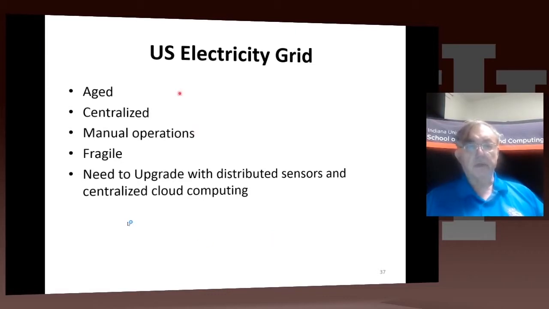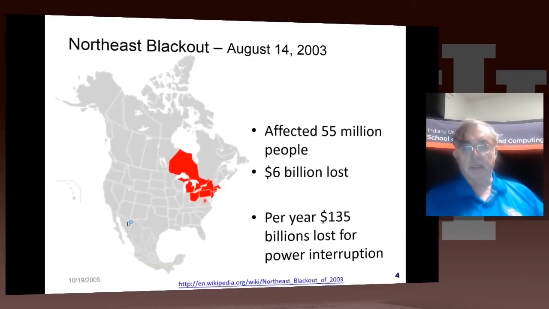So it notes that the US electricity grid is aged, centralized, very fragile, and it needs to be upgraded with distributed sensors and centralized cloud computing. An example was a very famous blackout in 2003 in the Northeast, which was due to the failure of the grid.